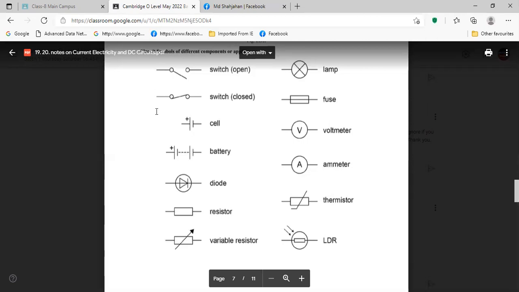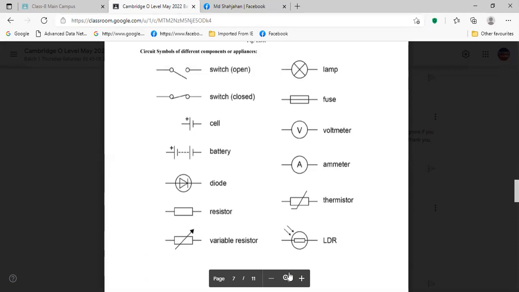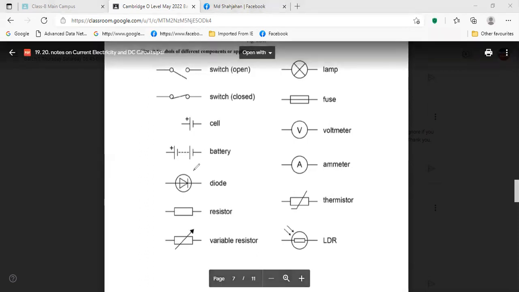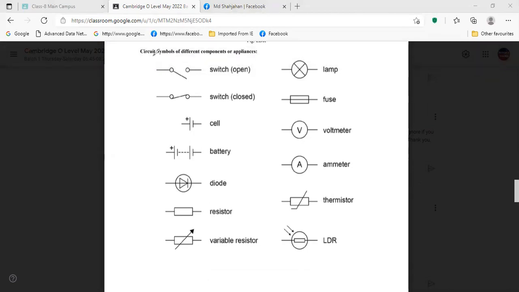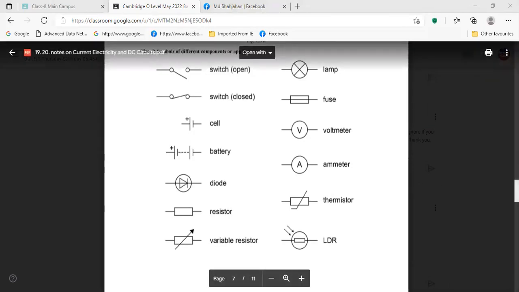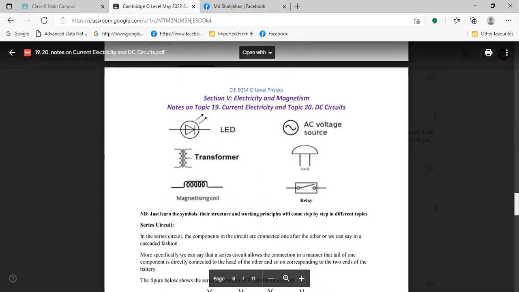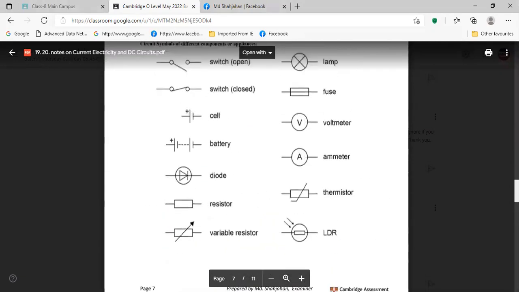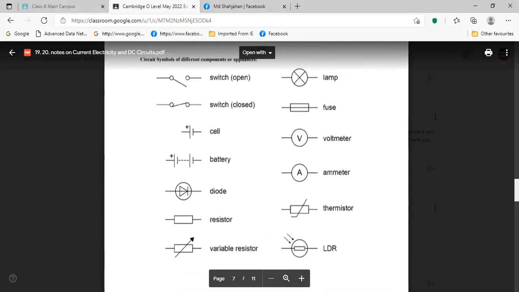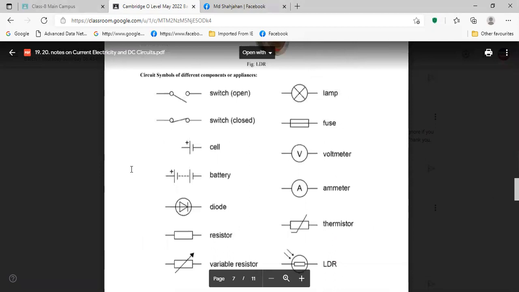Then here you write beside cell. We have a bit more. Maybe next page we have little more to see. We have this also, right? So we will do them, no problem. But we finish this part first.